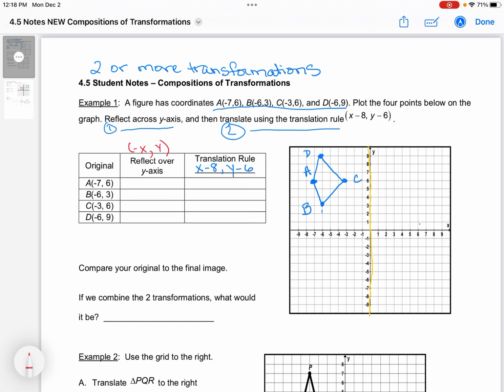So all my x values are going to switch, they're all negative, so they're all going to be positive. So A prime is going to be 7, 6, 6, 3, 3, 6, and 6, 9. All right, so now let's put that on our graph.